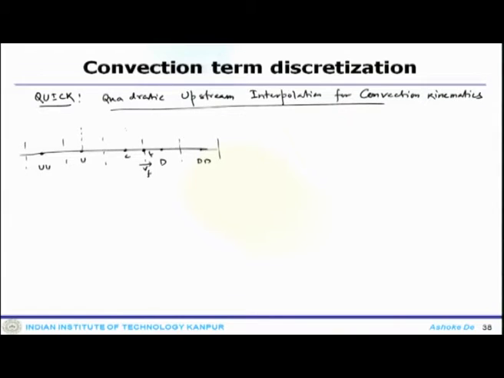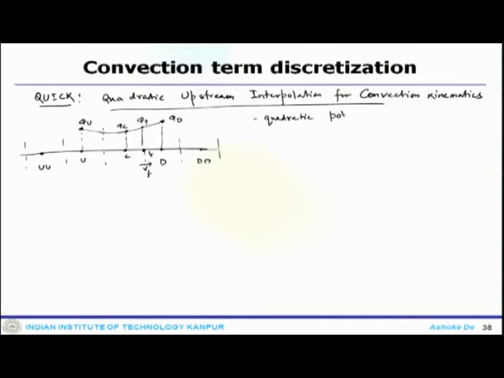So, using this and this value, one can calculate the profile. So, this is phi c, phi f, phi d, phi u. All the information of the neighboring elements is taken into consideration. So, as the name suggests, the polynomial would be a quadratic polynomial.